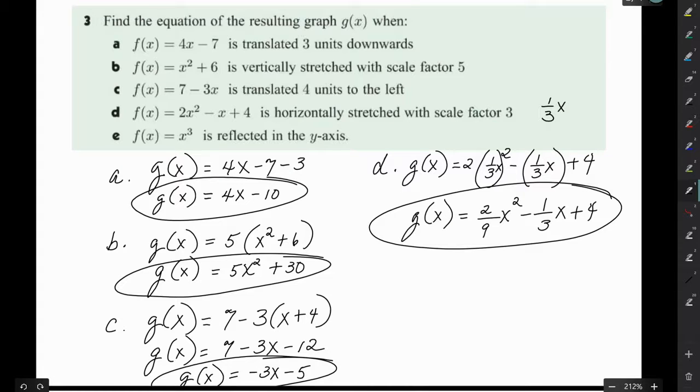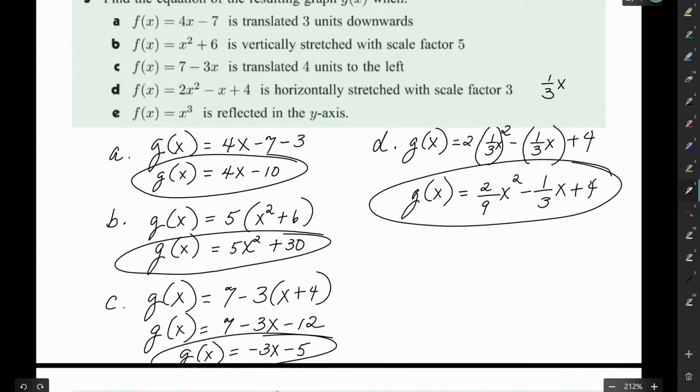All right, these types of problems really do ensure you understand how transformations work. All right, last one, letter A. We're reflecting about the y-axis. When we're reflecting about the y-axis, that means that we are putting a negative value inside the parentheses next to our x.